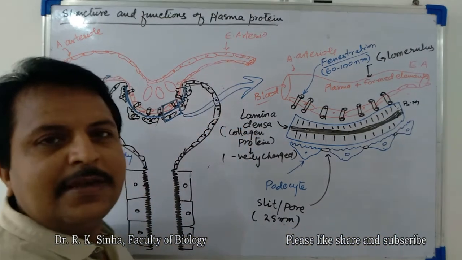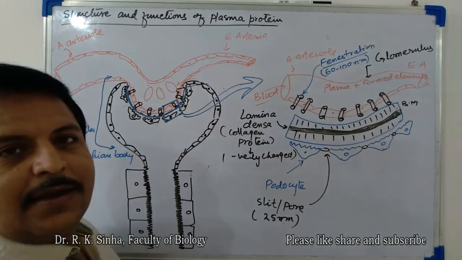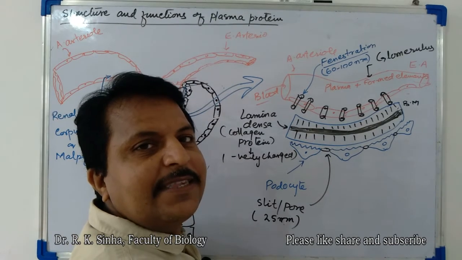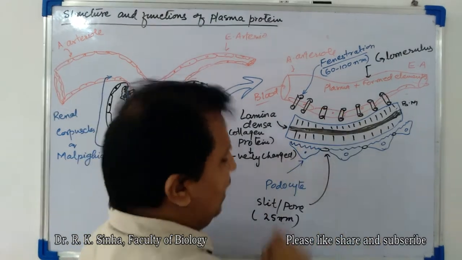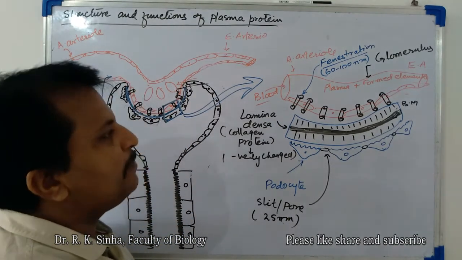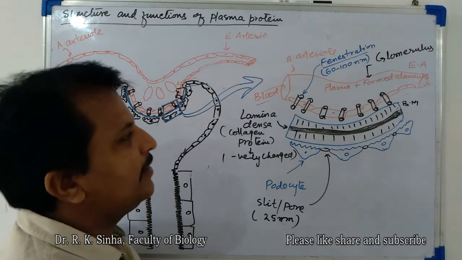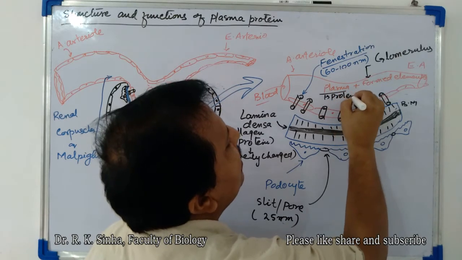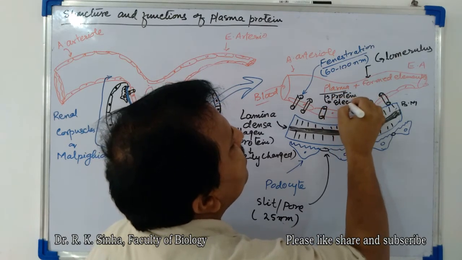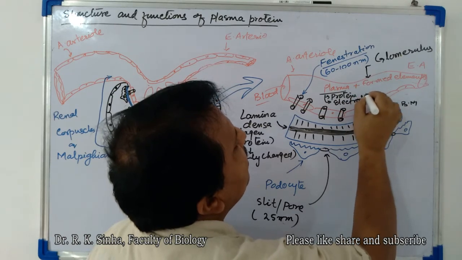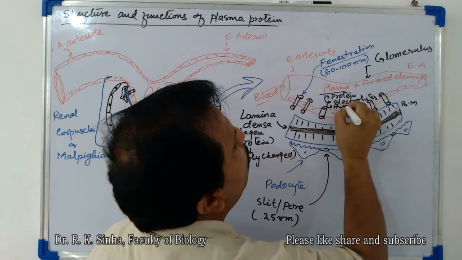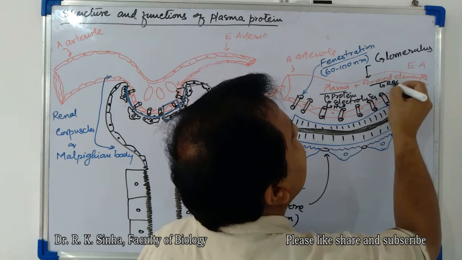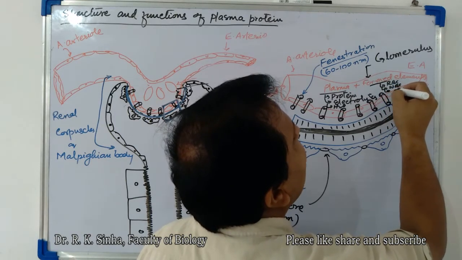Plasma is the main constituent of blood, about 55% of the blood, and it contains charged particles and sized particles, meaning protein plus electrolytes plus H2O, water, whereas the formed elements are RBC, WBC and platelets.